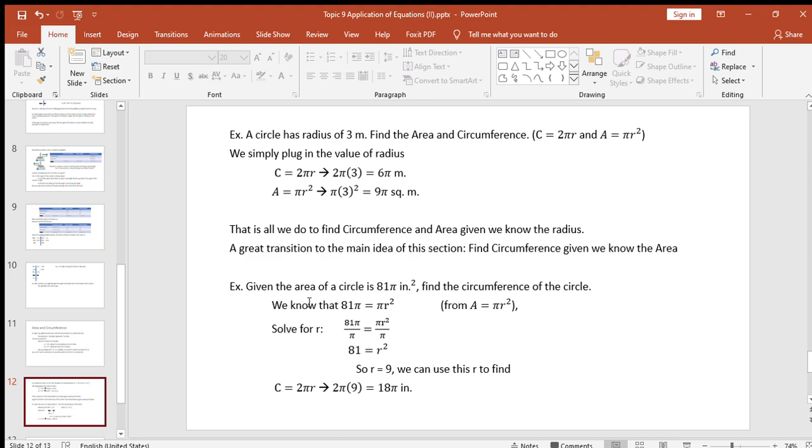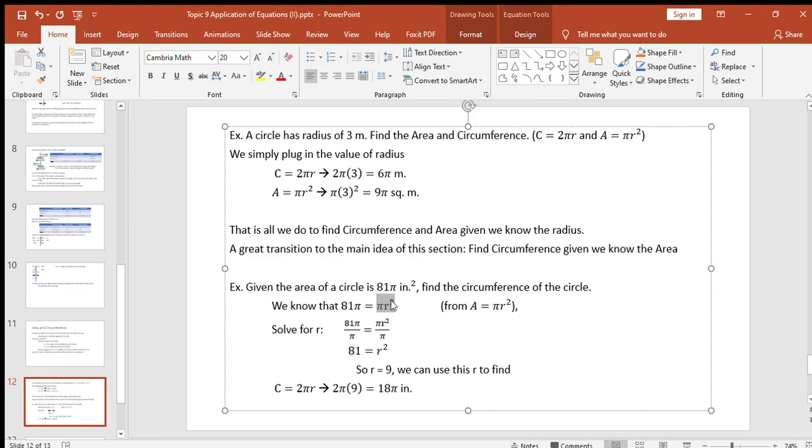From the question, we know that 81 pi is equal to pi r squared. Where did we get pi r squared? Well, it's right here. Area is pi r squared. So 81 pi is equal to pi r squared. Now we're going to solve for r.